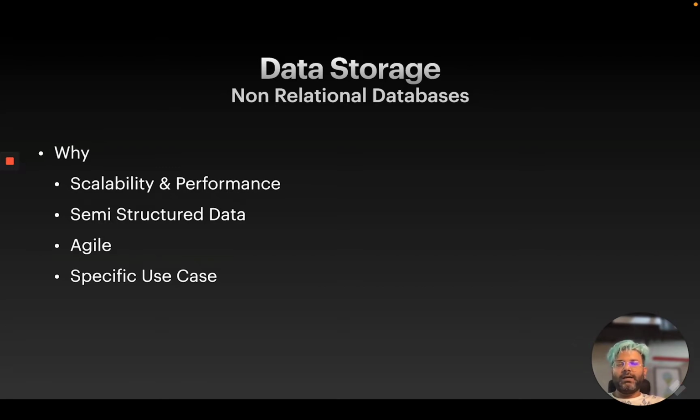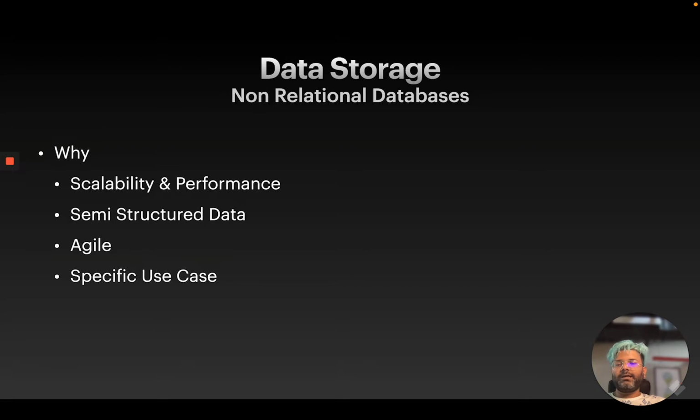For example, in most scenarios, you have some sort of a user that is signing up for a service, and the user data is going to be pretty structured. It's going to be pretty related in terms of which user resides in what city and so on and so forth. And those are the kind of data that you would want to put in your relational databases. And then there are other sorts of data that you would put into non-relational databases.